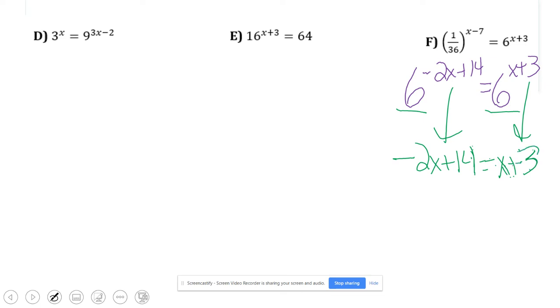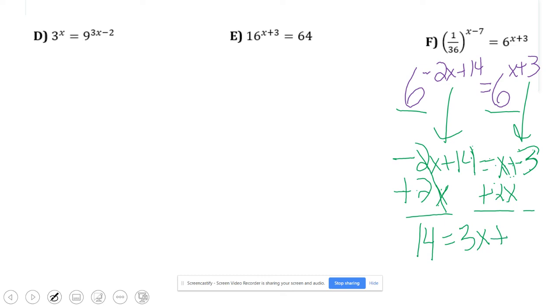And now I'm going to solve. I'm going to add my 2x over to the right side. So that gives us 14 is 3x plus 3.